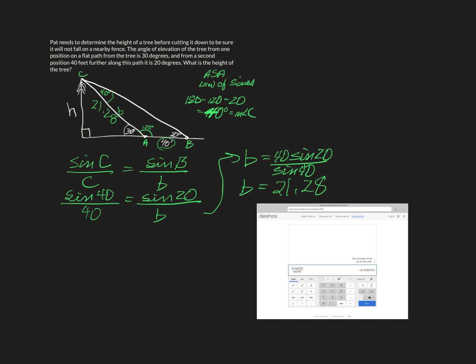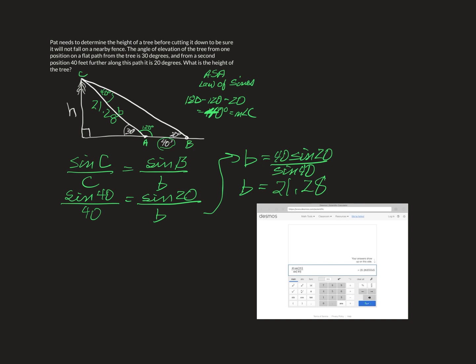Now, we can't go further on the calculator, but I'm showing you a calculator from Desmos, and we'll come back to that in a moment. Now, the next thing we need to do is, now we know the hypotenuse in the right triangle, and we want the opposite side.